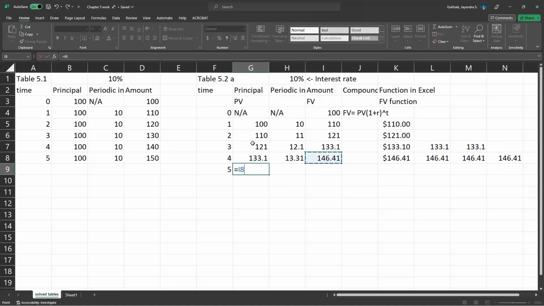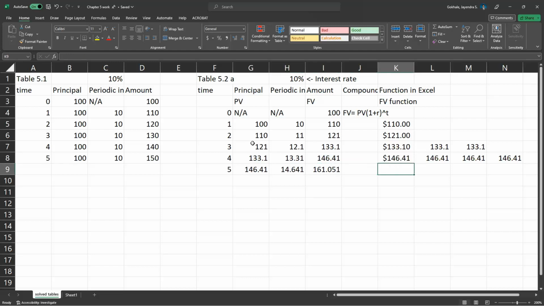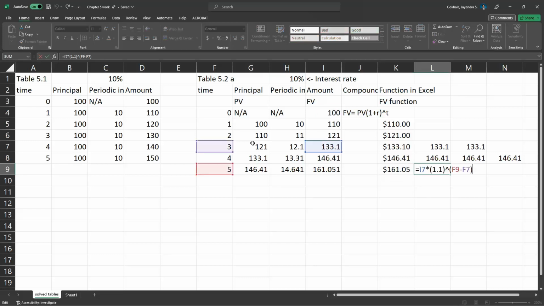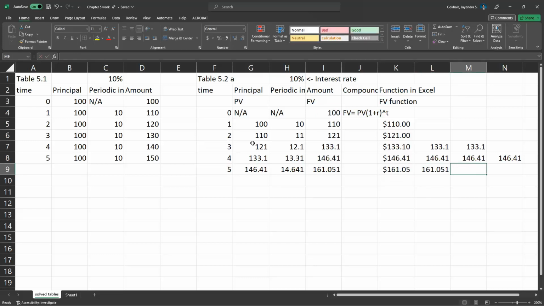So this becomes the starting value. The ending value is 161.05. The interest is 14.641. It's 10% of this. And we can find out using the FV function with $100 as the starting value. Same answer. We can also use 133 for 2 periods. We can use 121 for 3 periods.